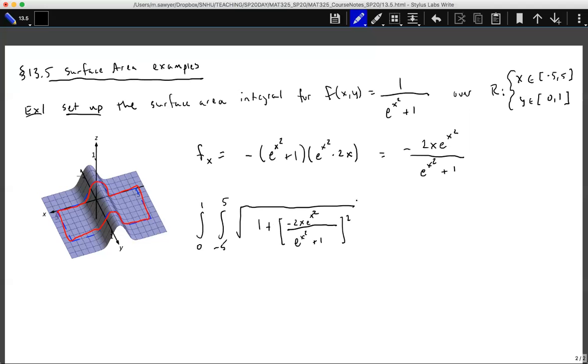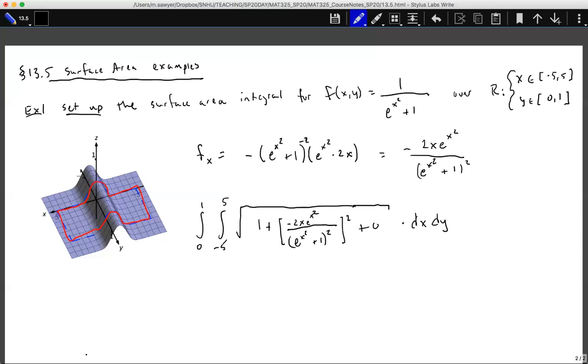I think I dropped a squared on the -2 power, so that should be squared here, plus 0, there's no derivative with respect to y, times dx dy. And so we've set up the integral.